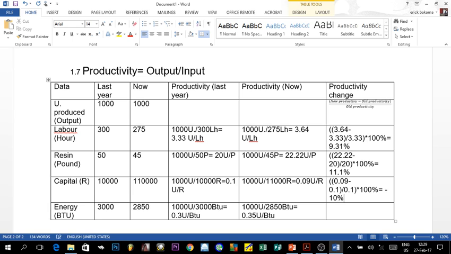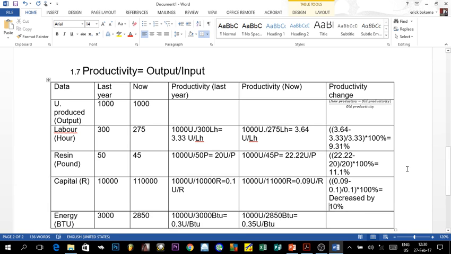This percentage just means that the productivity decreased, in short. But we cannot just say a negative percentage, so to put it in a more convenient way, we can just say that it decreased by 10%, because that value is negative.